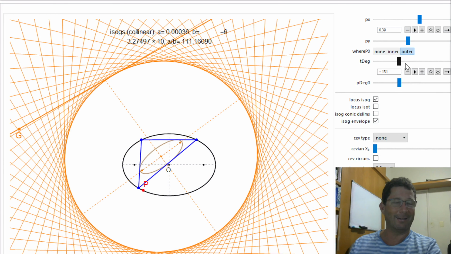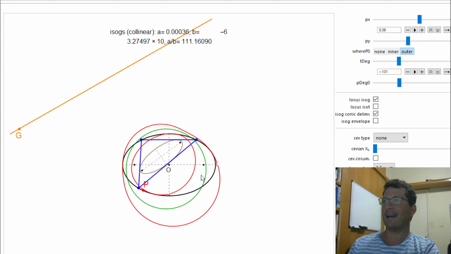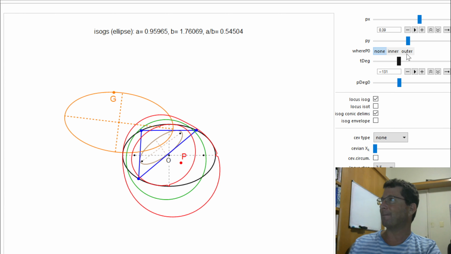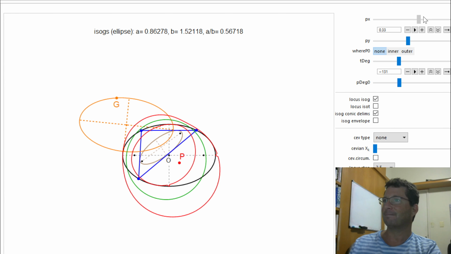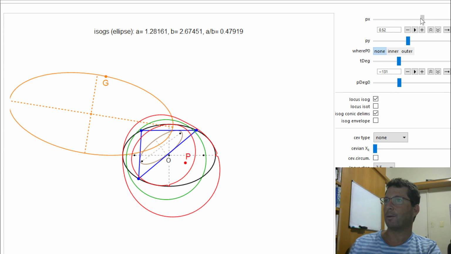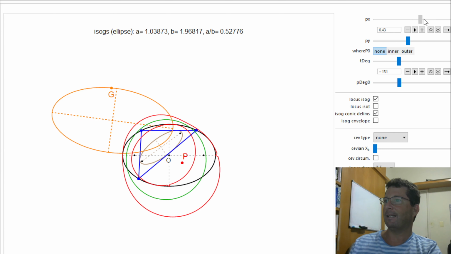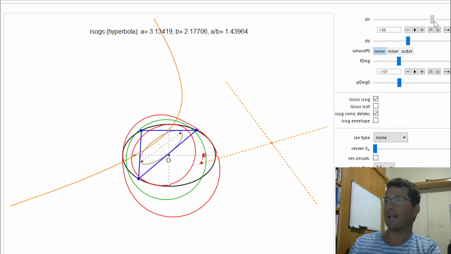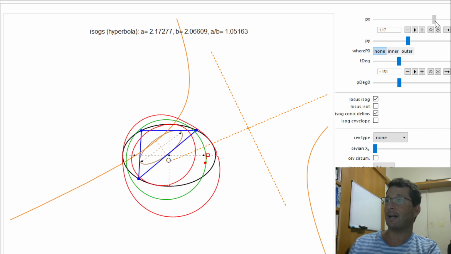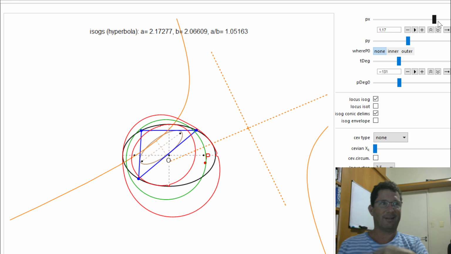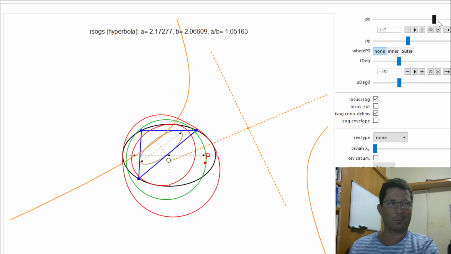Where does this confocality come from? I have no idea. Also, for all P here, I'm getting a locus of P which is a circle, if I'm supposed to get a rectangular hyperbola. Why is it that rectangular hyperbolas are giving rise to the circle is also a pretty interesting fact.